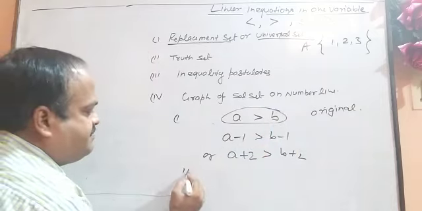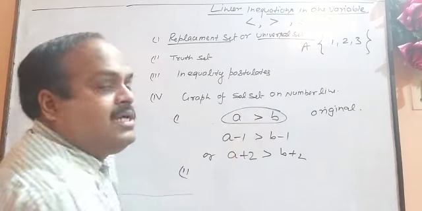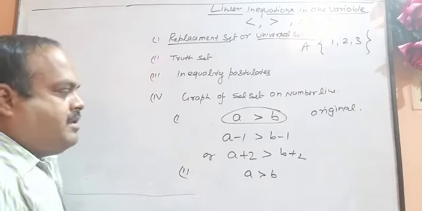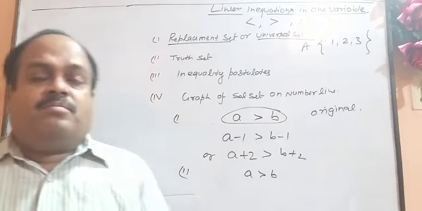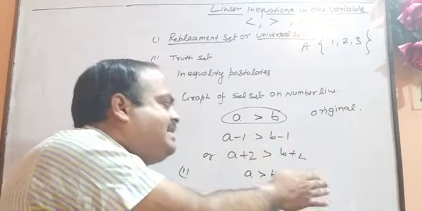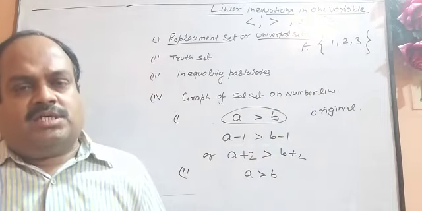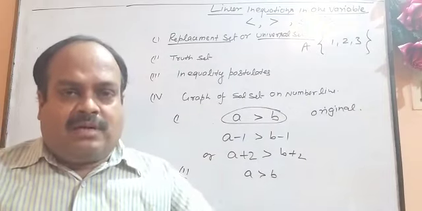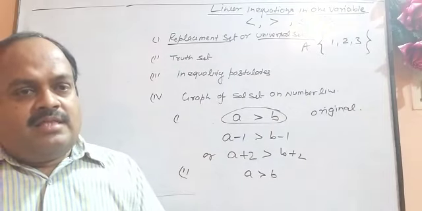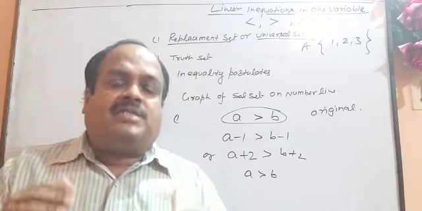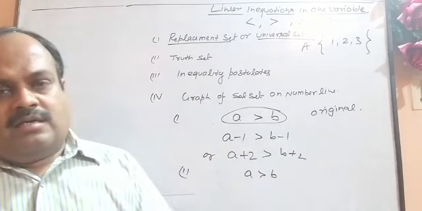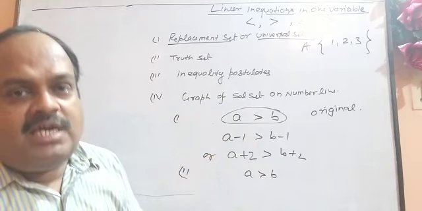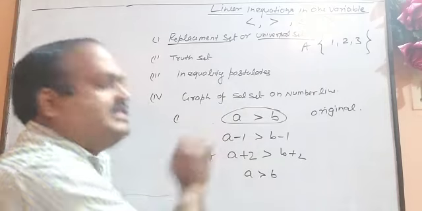Now second one, if we have an inequation and we multiply both sides of the inequation by the same positive number, then the inequation obtained is equivalent to the original one, means there will be no change in this.